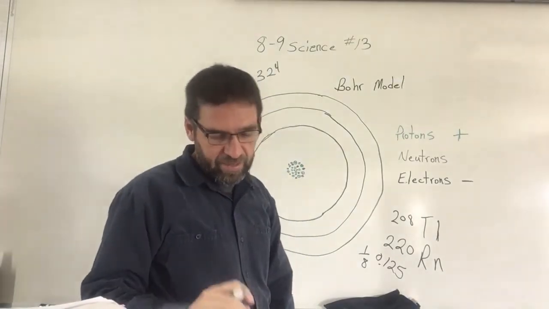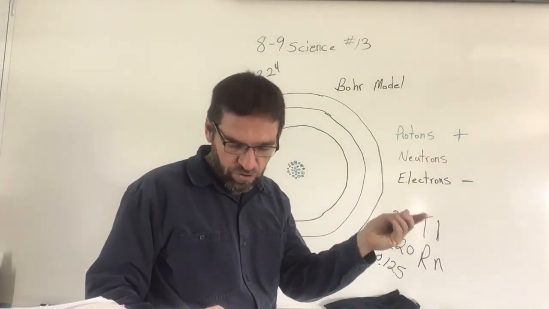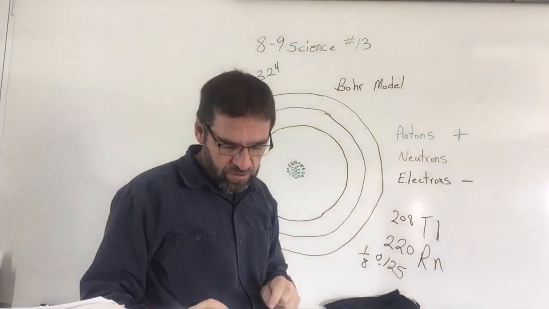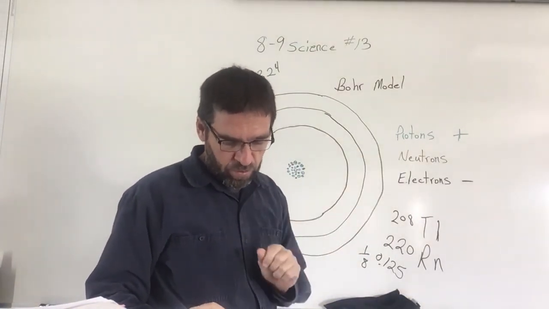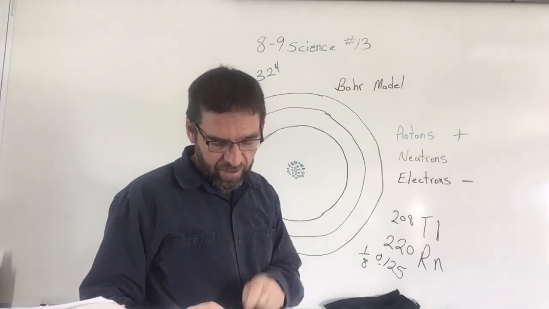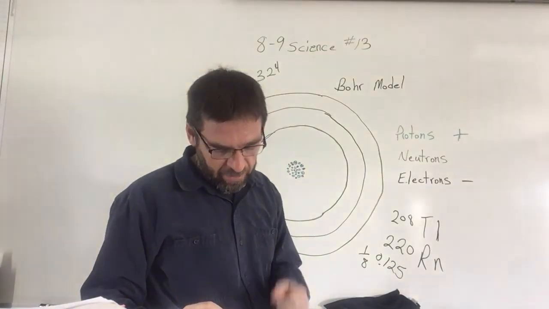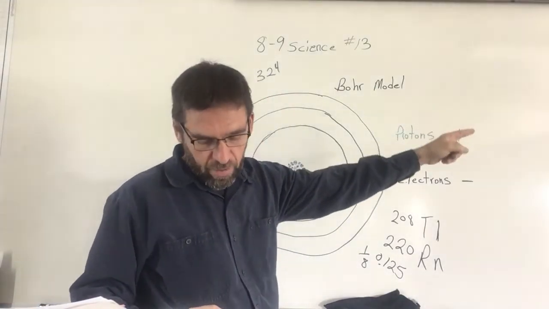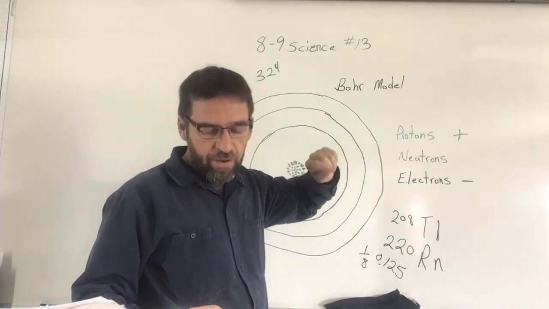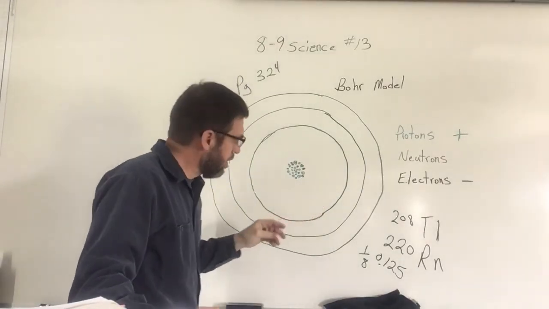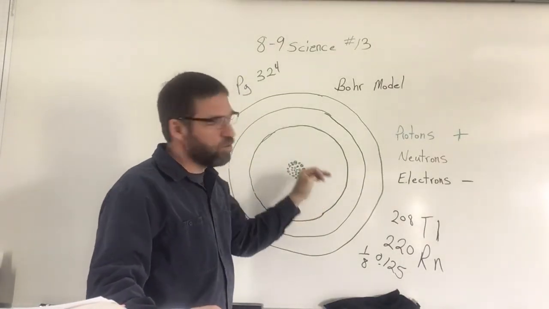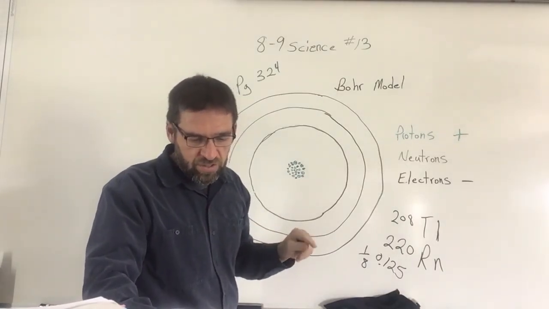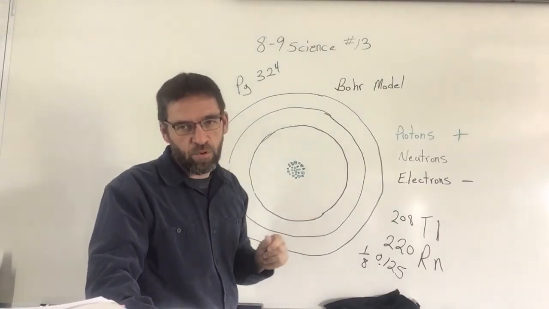Now if you have the beta decay, now I should have maybe explained that one first, but in beta decay, an unstable nucleus reduces its number of neutrons and increases its number of protons by ejecting an electron or beta particle. Okay, it throws an electron out, and one of the neutrons turns into a proton. It says in beta decay, an unstable nucleus reduces its number of neutrons and increases the number of protons.